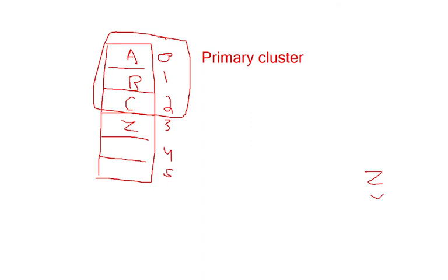And then let's say there is another entity, Y, which again maps to slot number 1, and 1 is not free, it is occupied by the items in cluster 0. You go to the next slot, and the next slot, and then you get a free one. So this is creating the secondary cluster.